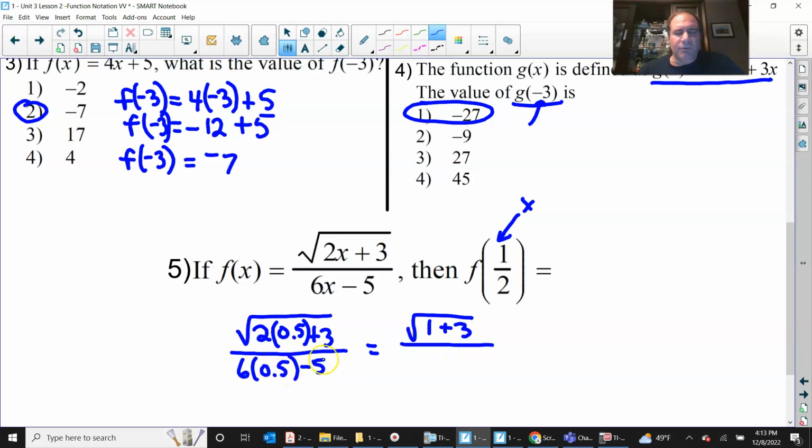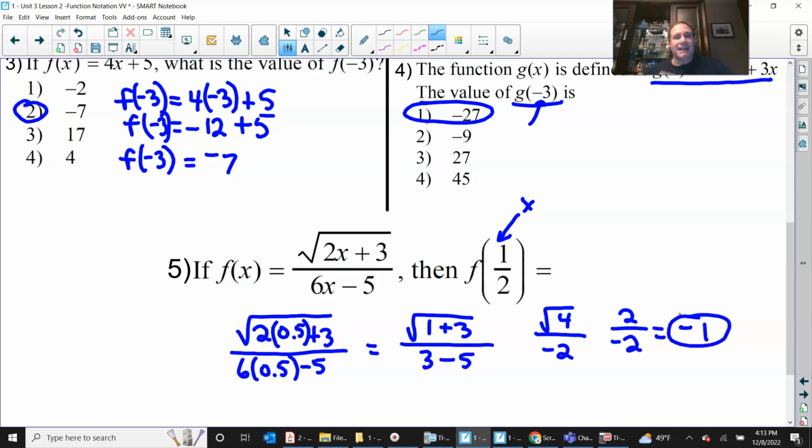And 6 times 0.5, which is half of 6, is 3 minus 5. Well, alrighty then. Square root of 4 over negative 2. Square root of 4 is 2 divided by negative 2 equals negative 1. So that's what that is by hand.